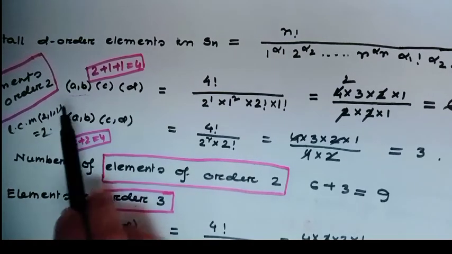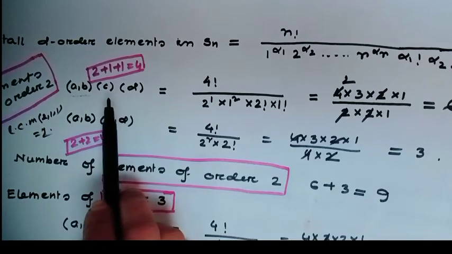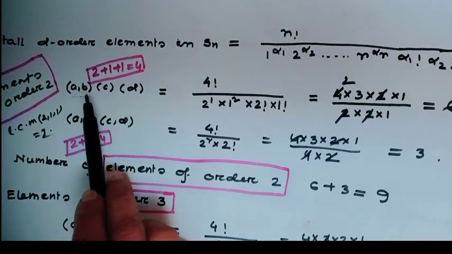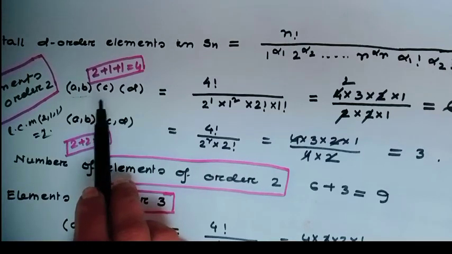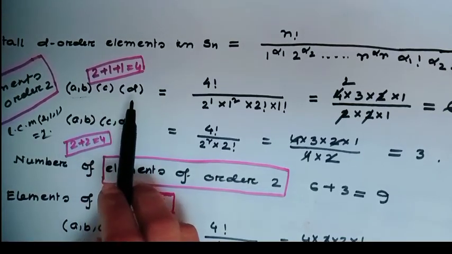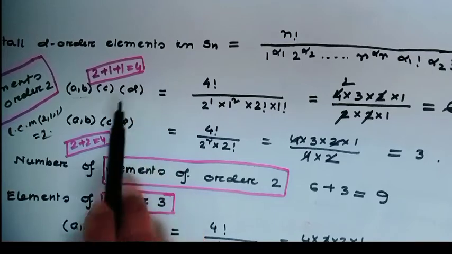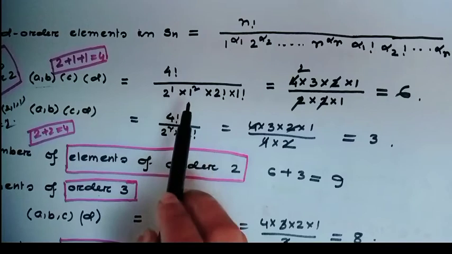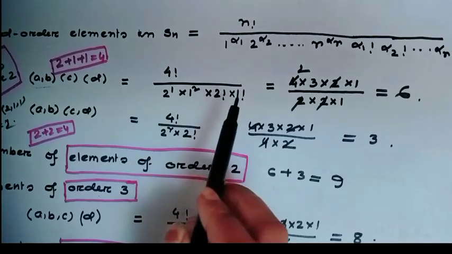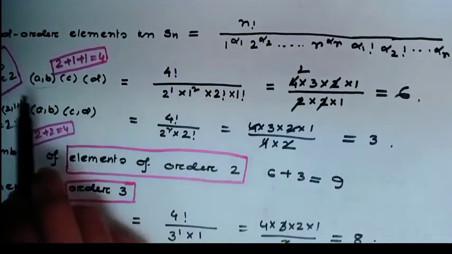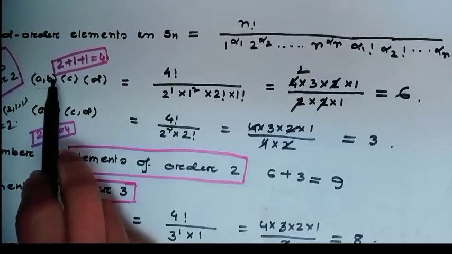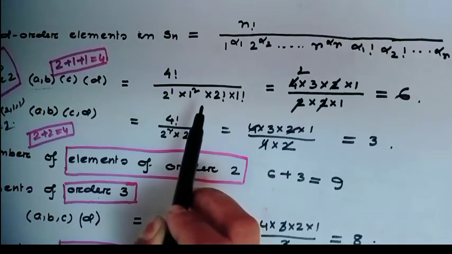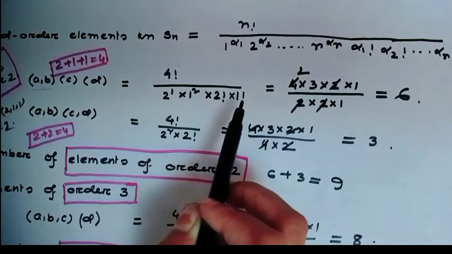At first, see this partition 2 plus 1 plus 1. Here the 1 cycle exists 2 times. So the formula is 4 factorial over 1 squared times 1 factorial, and the 2 cycle exists 1 time, so 2 to the power 1 times 1 factorial.